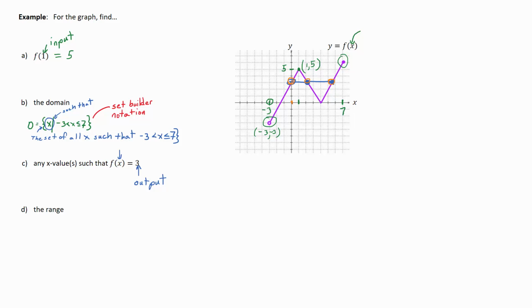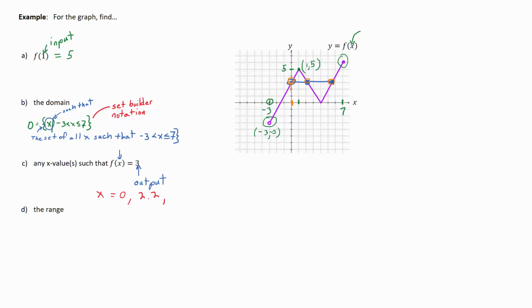This first one's got to be x equals 0. So x equals 0 would work. What else? This value right here, I don't know. I'm just going to guess. It's not 2.5, 2.2, 2.3. Anything in there would work.